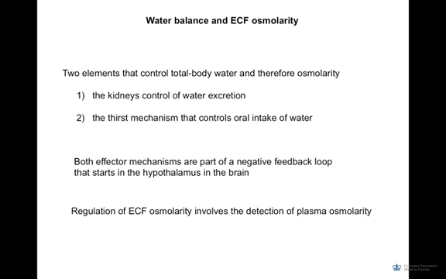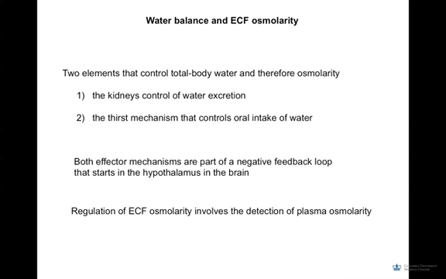So there are two main elements to controlling total body water and therefore osmolarity. We control the excretion of water by the kidneys, which is also called diuresis, right? The elimination of water through urine. And we control the thirst mechanism, which controls the oral intake of water.